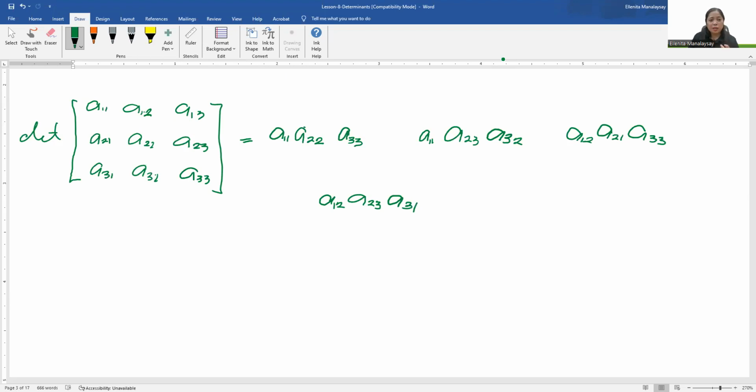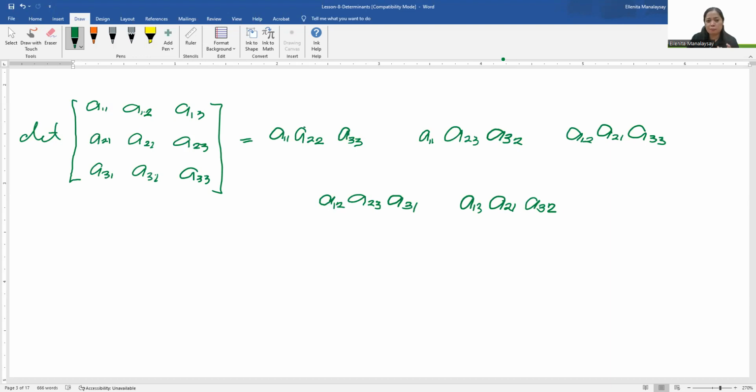Pwede rin naman, we start with A13. So, sa second row, ang entries pwedeng sa first column or sa second column. O sabihin natin first column, A21, so sa third row, dapat sa second column yan. A13, A21, A32.